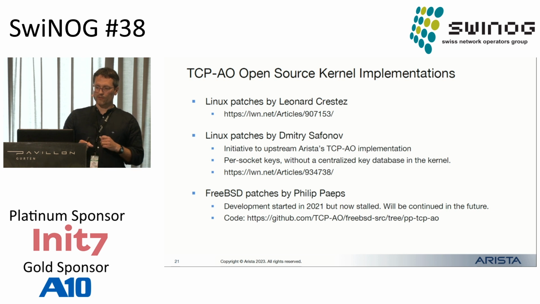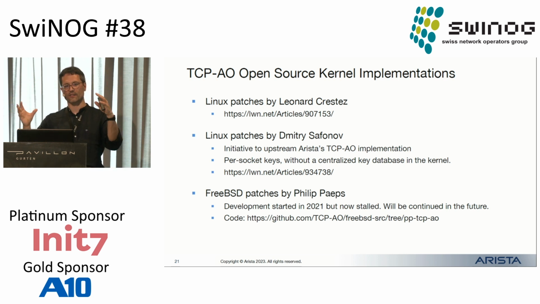The difference to the patch from Leonard from an architectural point of view is the keys in the kernel are just per socket, and we do not have a centralized key database in the kernel. That's then the job, for example, of a BGP implementation to provide the socket with the right keying material.